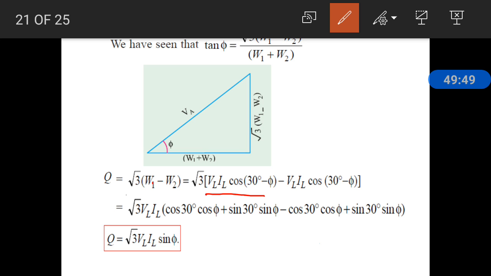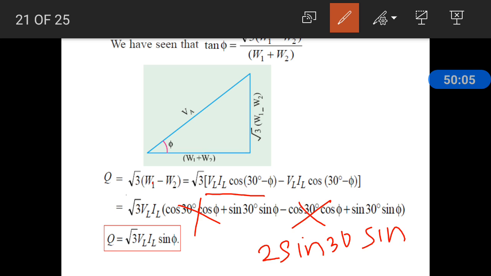So here this part cancels each other, remaining only sin 30 sin 5 plus sin 30 sin 5, that means 2 into sin 30 sin 5. Here sin 30 we know is 1 by 2, so this 2 and this 2 cancel, and only sin 5 is remaining.